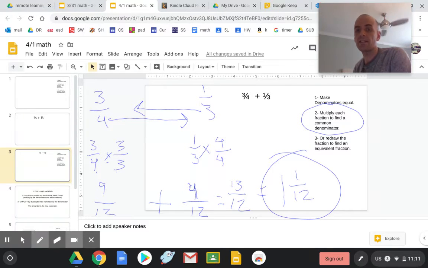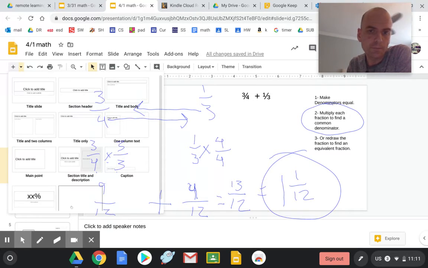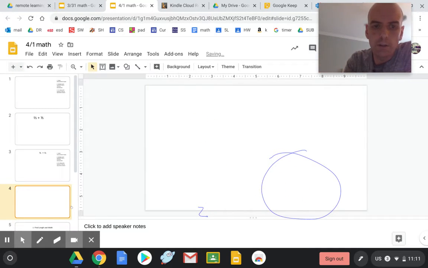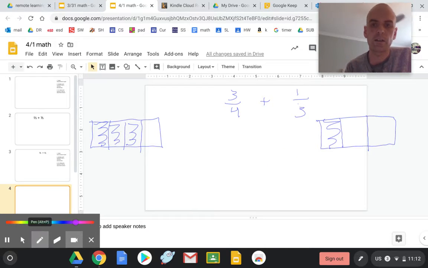Okay, so that's how you do it, by multiplying to get common denominators. Let's just draw it quickly. So I'm going to be drawing. Okay, so I've set up my models for 3/4 plus 1/3.